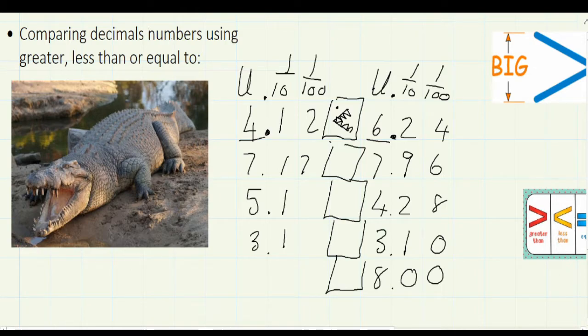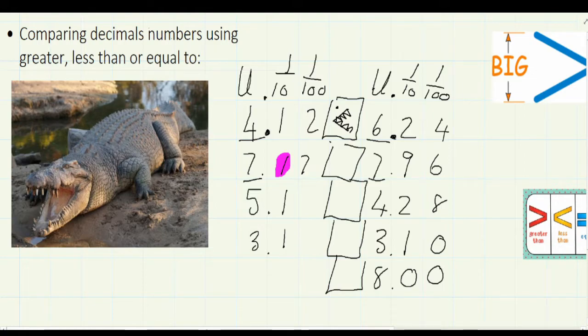Well, how about the next one? 7.17 and 7.96. We underline the highest place value, and we notice that the 7s are in fact the same value. And that's a problem because we can't compare when our highest place values are the same value. What we can do is look at the number in the next highest place value, and that is the tenths.